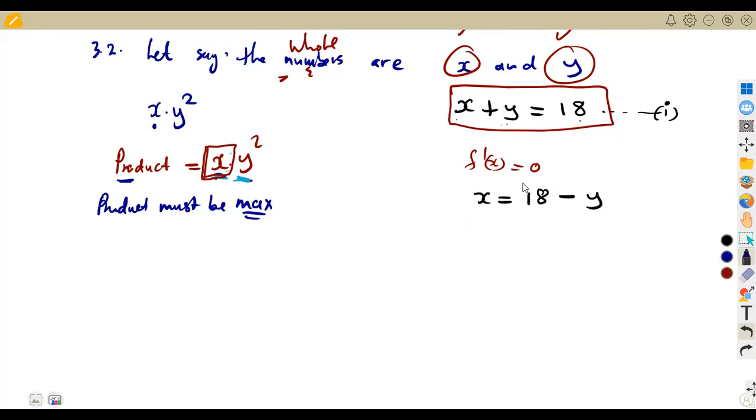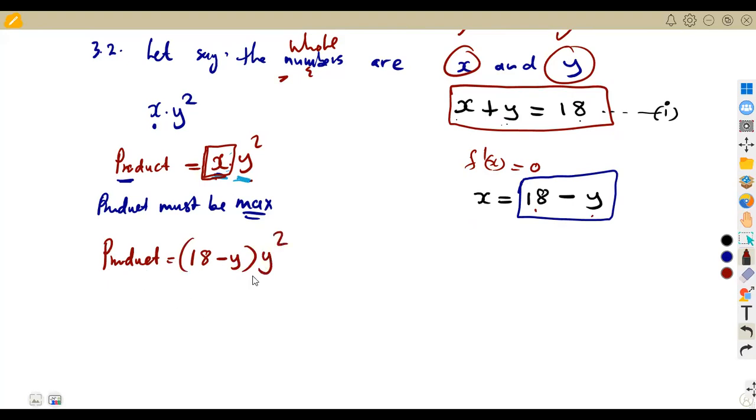So this is the expression that represents X. In place of X, we are going to substitute, meaning our product can now be given as X, which is 18 minus Y, times Y squared.